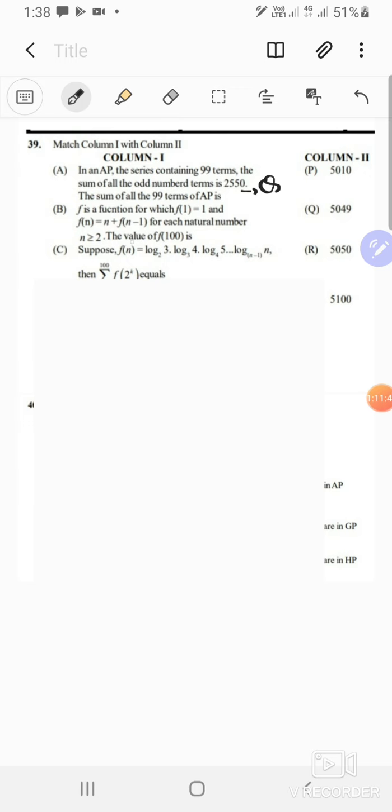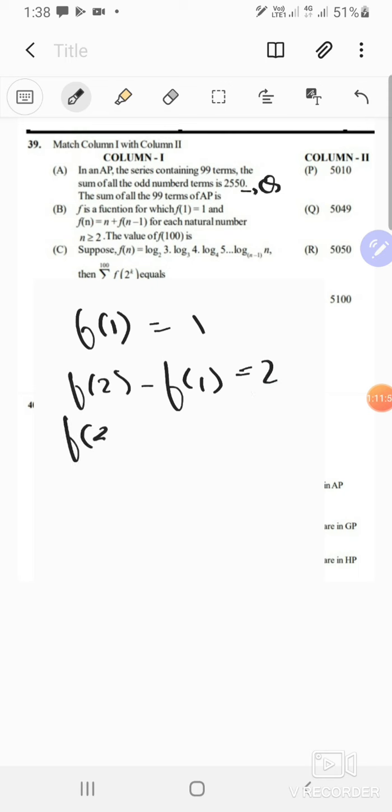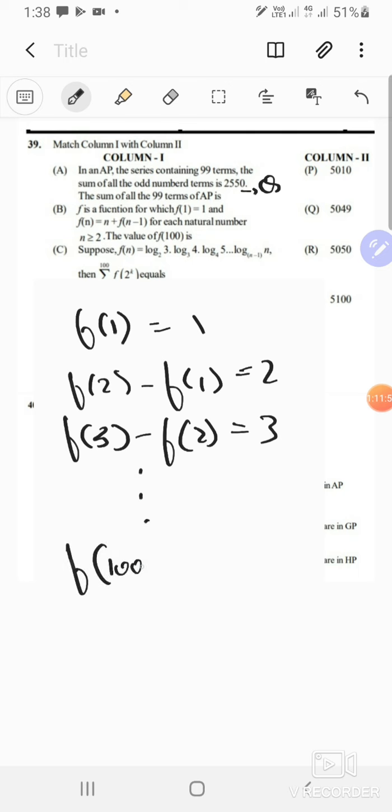So f of 1 is equal to 1. You got f of 2 minus f of 1 is equal to 2. You got f of 3 minus f of 2 equal to 3, all the way till f of 100. So f of 100 minus f of 99 has to be equal to 100.